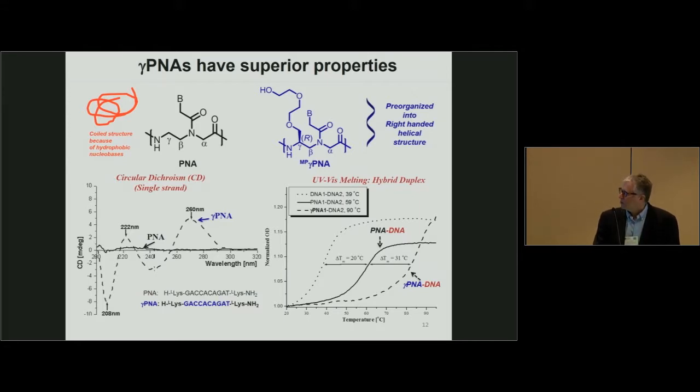And you can see in the lower left that circular dichroism analysis shows that this molecule is helical by itself in solution. And then the melting curves on the right show that gamma PNA-DNA hybrids are stable up to almost 90 degrees and gain about 30 degrees in stability compared to PNA-DNA hybrids. So that demonstrates the improvement that is achieved with this substitution.